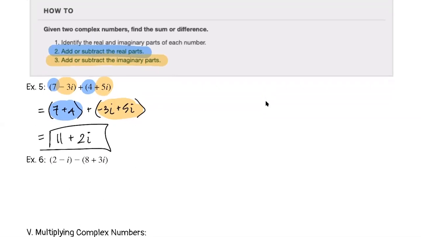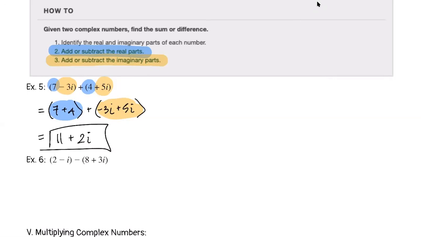What do you think is trickier about subtraction, like in example 6? Is -i the same as i squared?